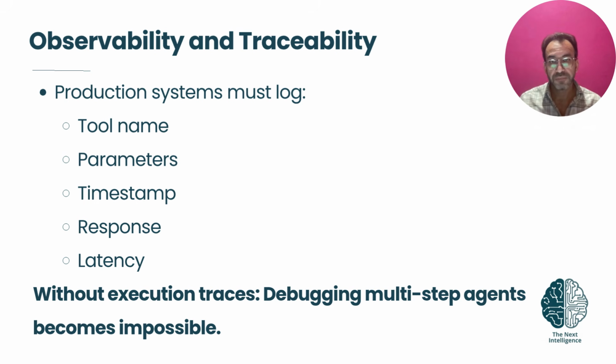We need some kind of traceability and observability to ensure that we know every single step that's happening when the agent is acting autonomously. So we keep an eye on them. This is core infrastructure in agent design and tool use, to make sure that we have the logs there.